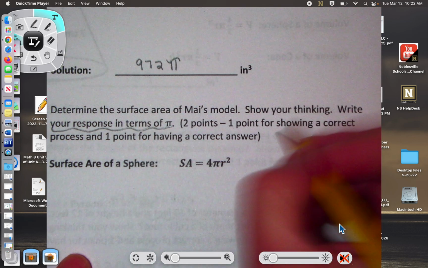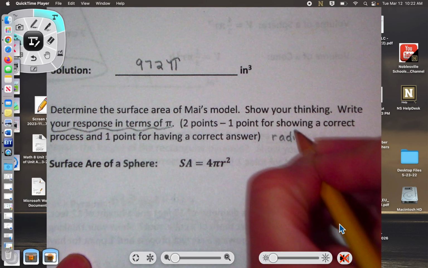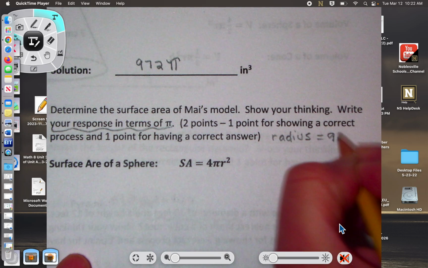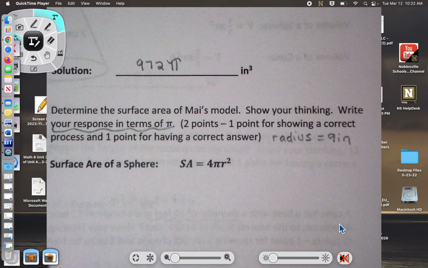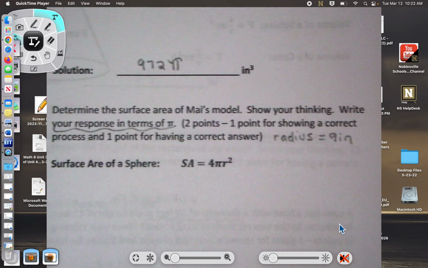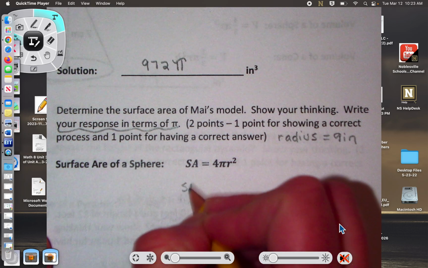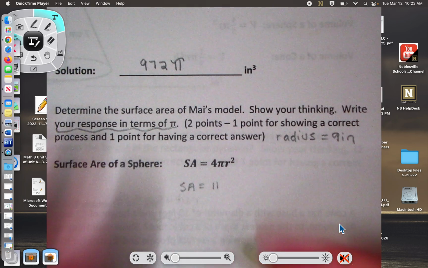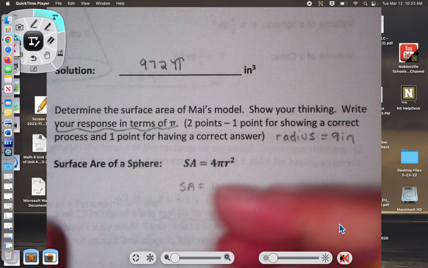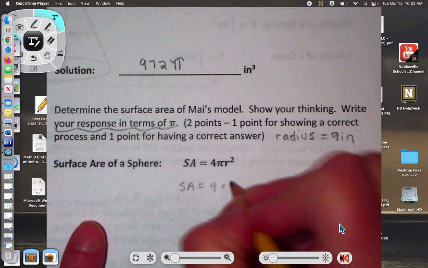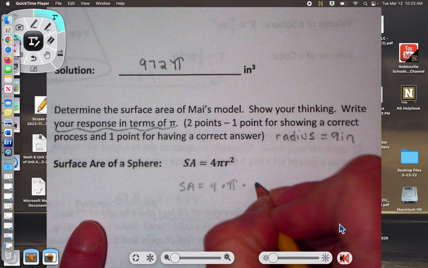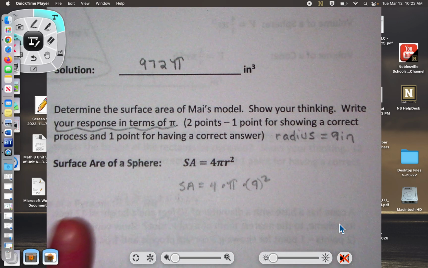And we know from the previous problem that our radius is still 9 inches. We're still using that same styrofoam craft ball. So surface area equals 4 times pi times 9 squared.